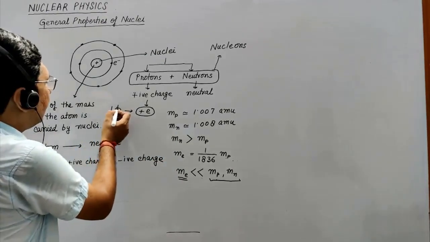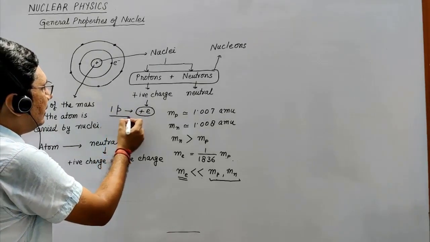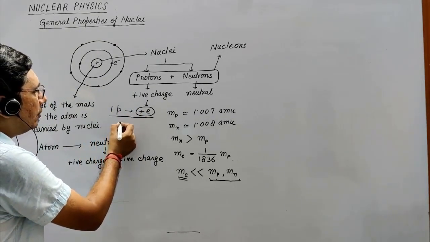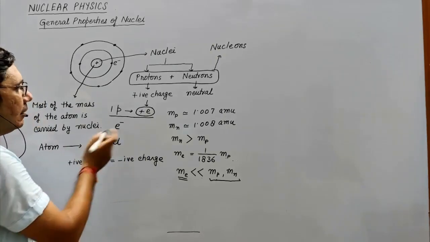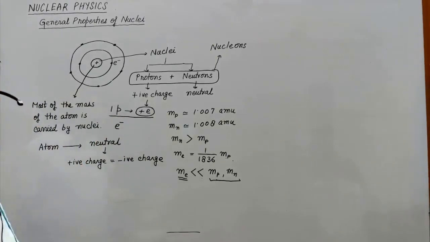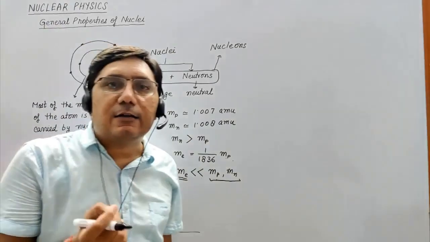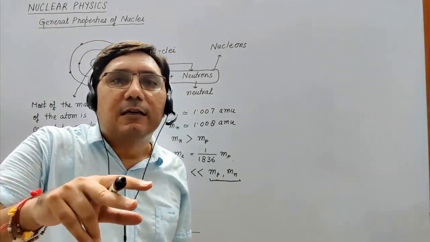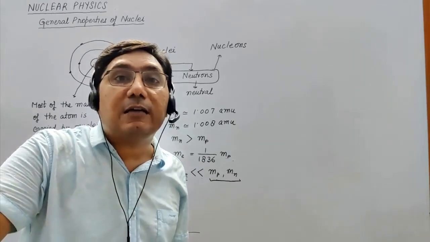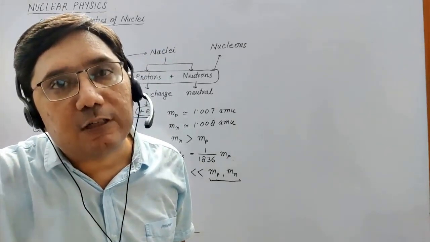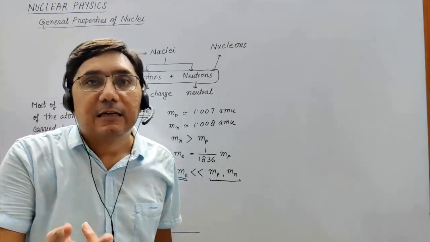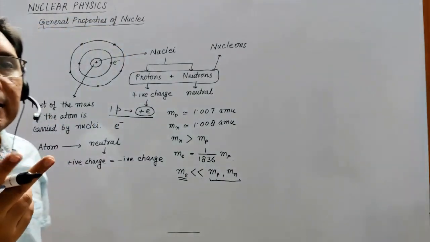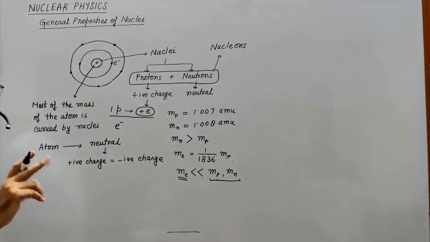Here charge carried by a proton is equal to plus e, and charge carried by an electron is minus e. So both protons and electrons carry equal charge, but their nature is opposite. This electron carries negative charge while this proton carries positive charge, but their charge is equal but opposite in nature.